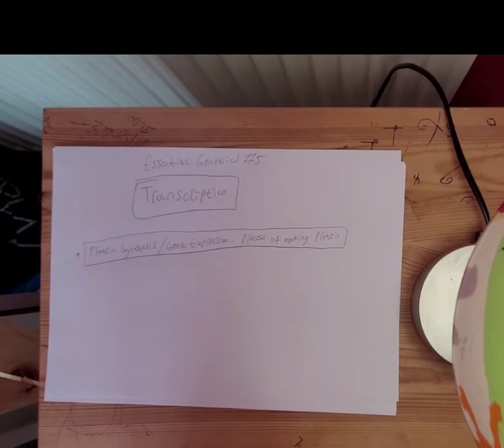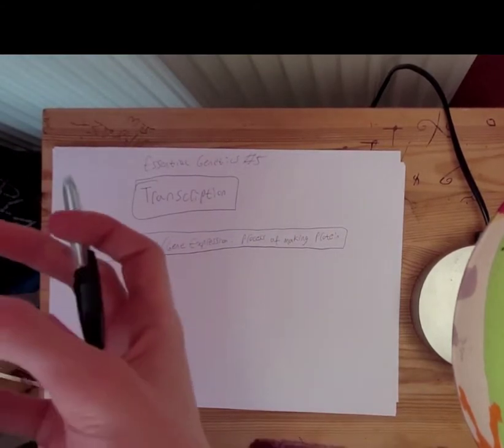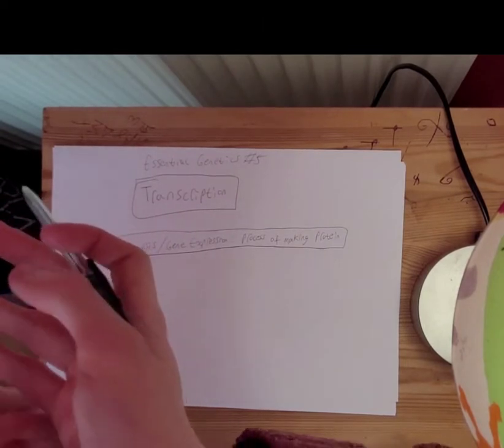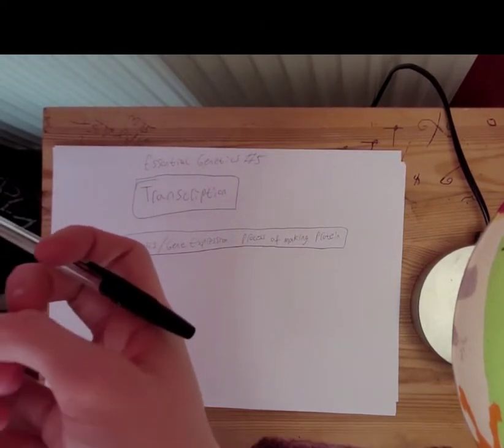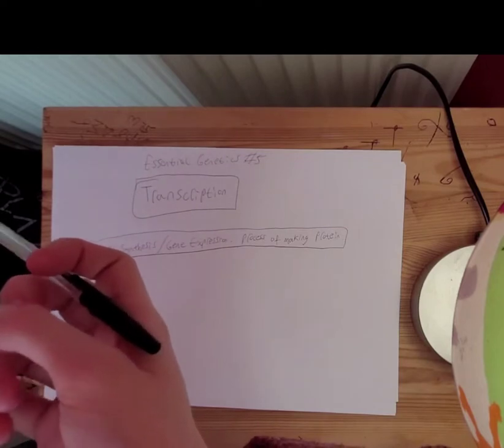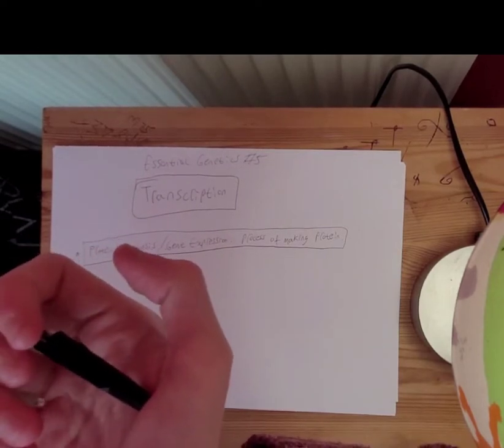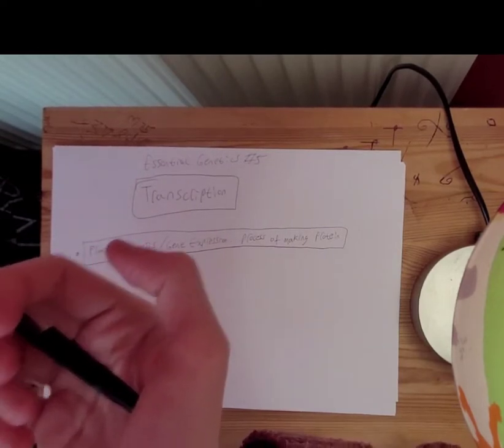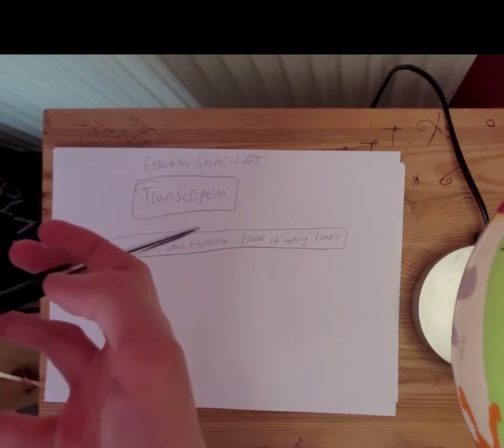However, proteins have a very specific structure to meet a specific function. There's loads of different types of protein. You need a very specific one to digest lactose, for example. Lactase. That's an enzyme that digests lactose.